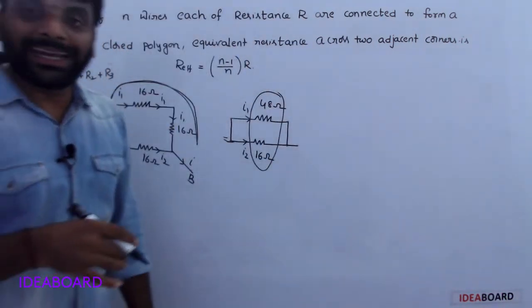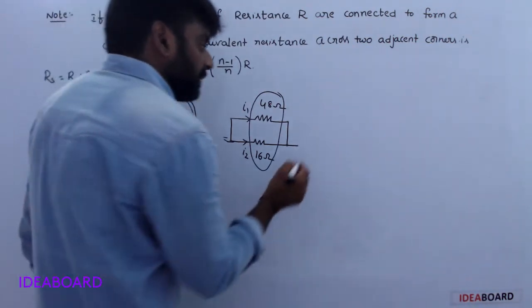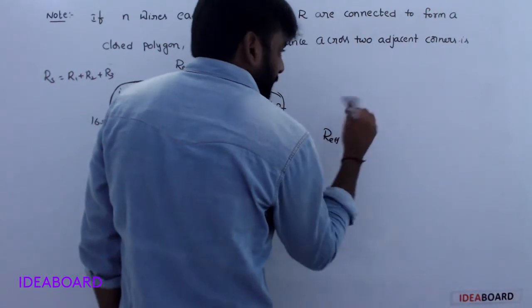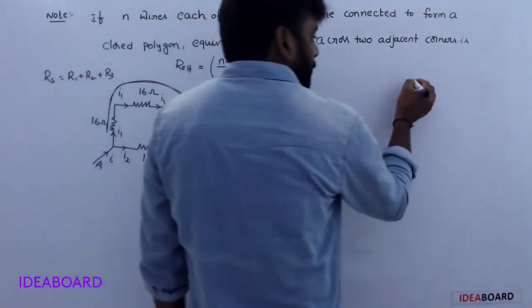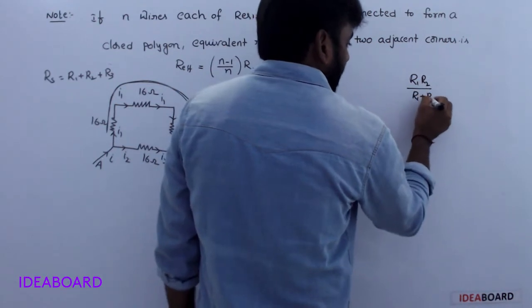Now these two are in parallel. For two resistors in parallel, the effective resistance is R1 R2 by R1 plus R2.